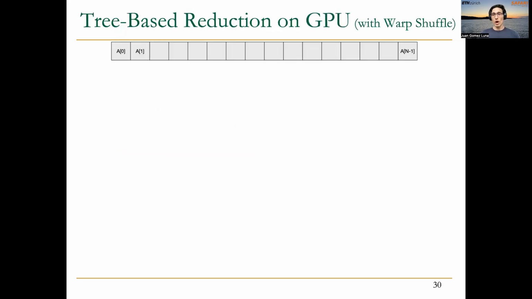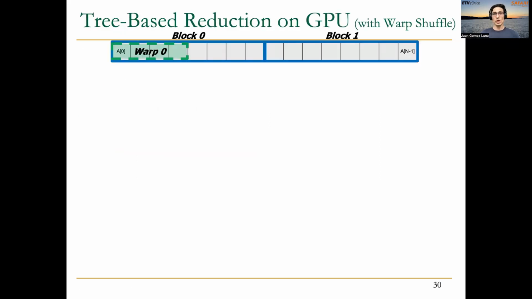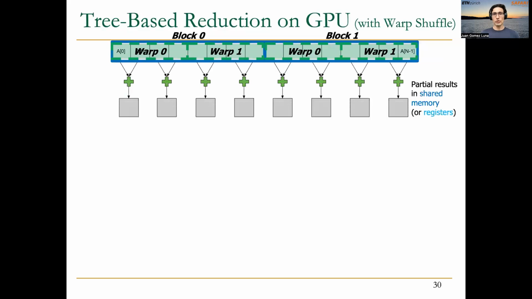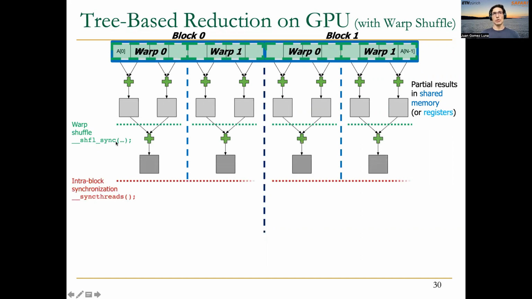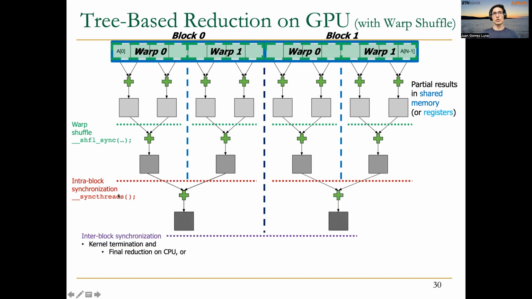So now with warp shuffle, one thing that we could do is, first of all, perform reduction inside the same warp, communicating partial results across different threads in the warp using the warp shuffle instruction. Then, after we have a single value in each warp, we would do an intra-block synchronization with sync threads, and so on and so forth.